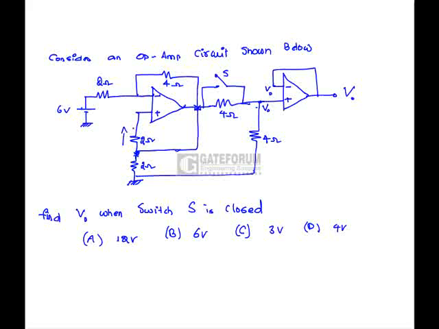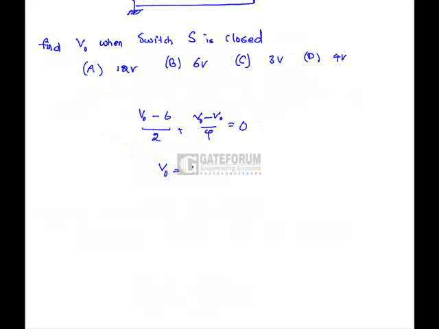So there is no current into the op amp. If we apply KCL at this node, (V0 minus 6) by 2 plus (V0 minus V0) by 4 equals 0. V0 is equal to 6 volts. From this, option B is correct.